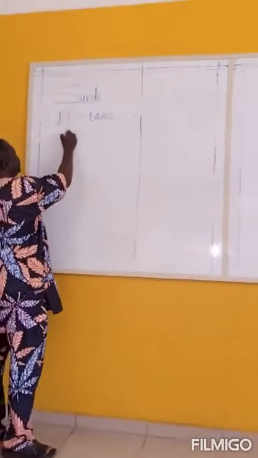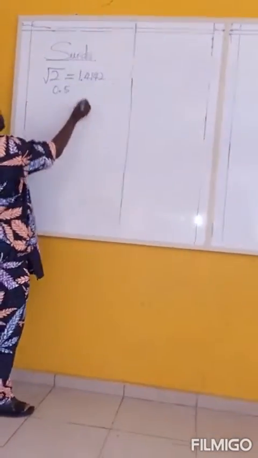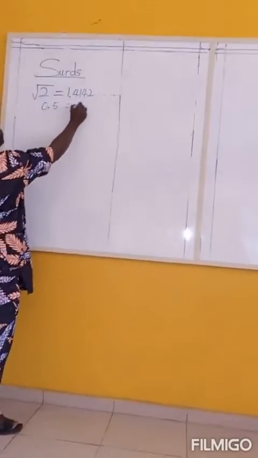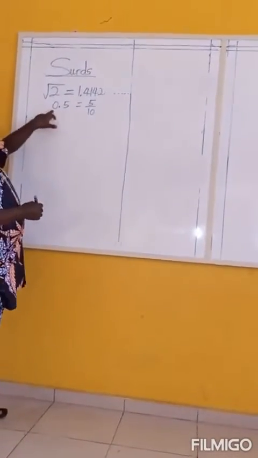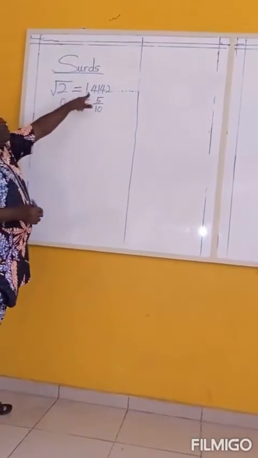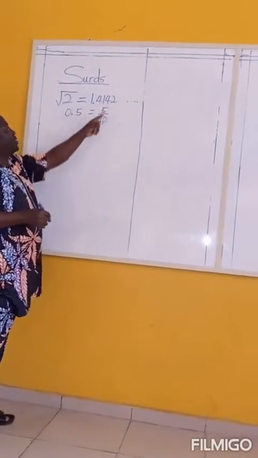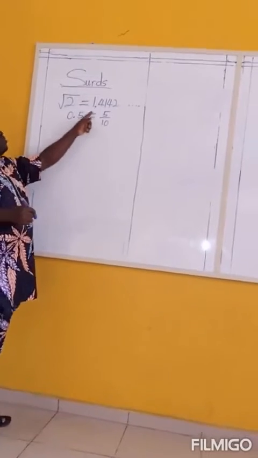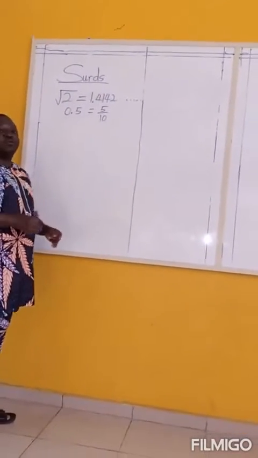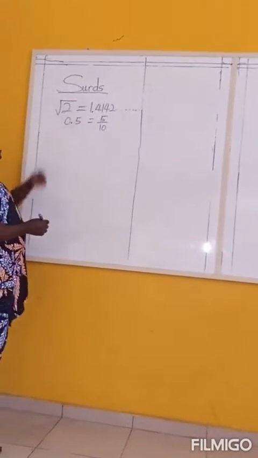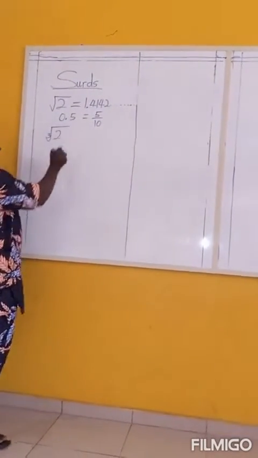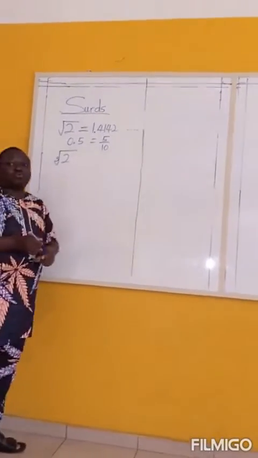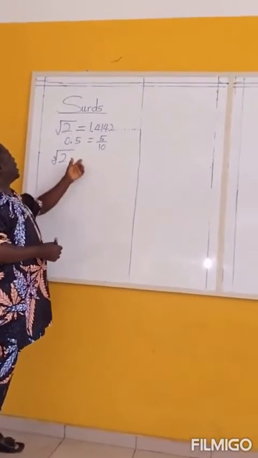For instance, if you have 0.5, 0.5 can be written as 5/10. So we call this rational number. But this number up here can never be expressed as a single fraction. So it is called irrational number. So root 2 is a surd in mathematics. And when you have cube root of 2, it is also a surd because the result can never be expressed as a single fraction.